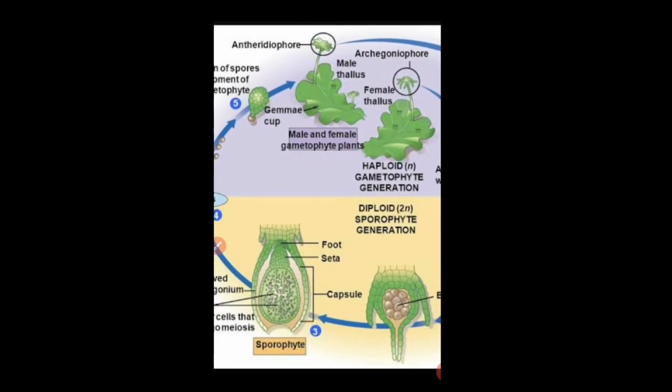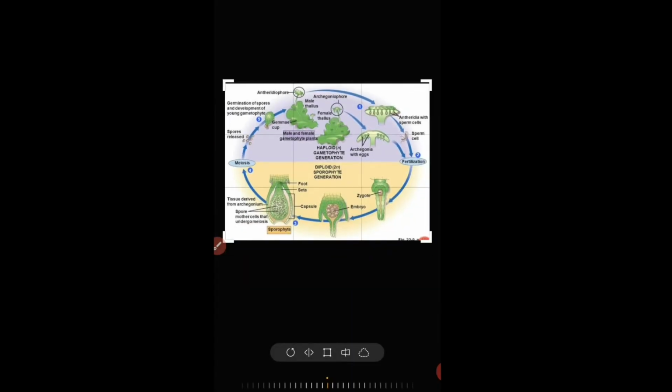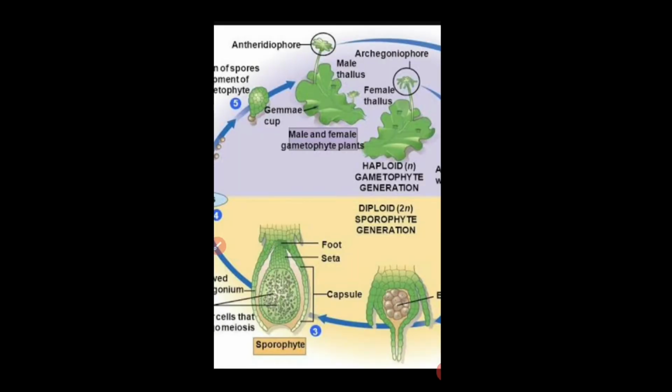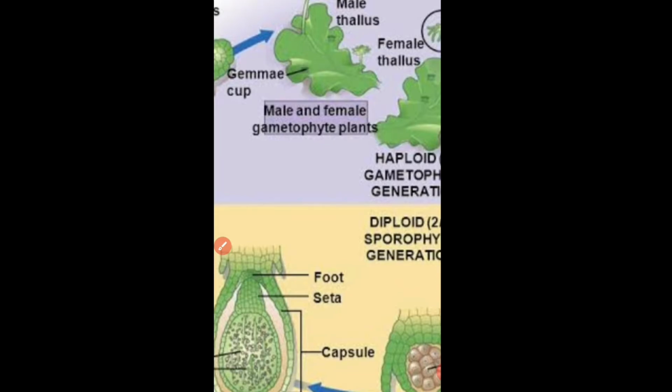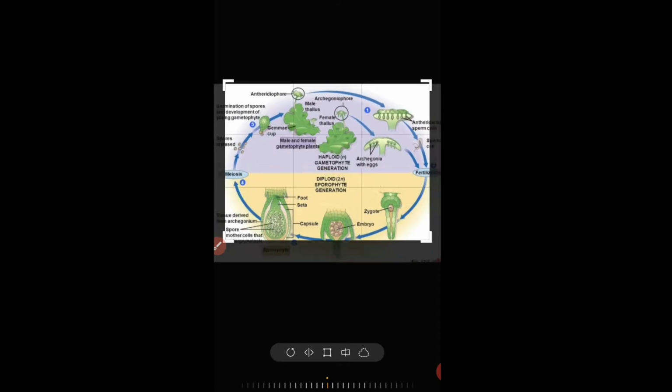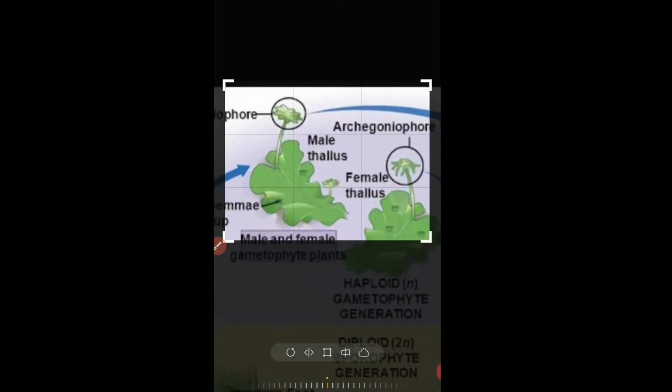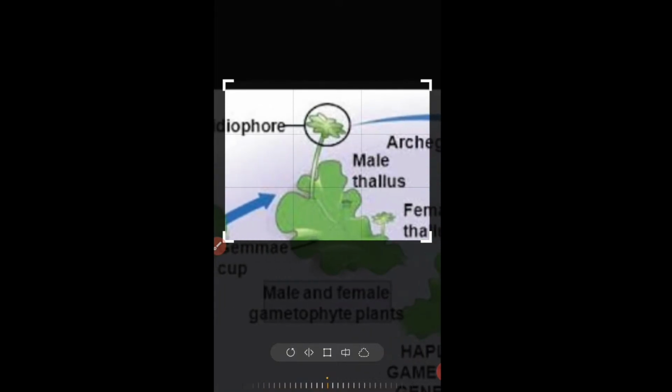So liverworts, we know that this is male thallus. You can see here this is male thallus. In male thallus, this is antheridiopore. You can clearly see this is antheridiopore.